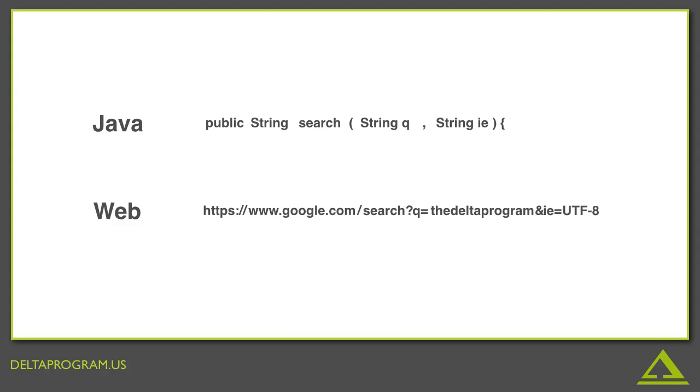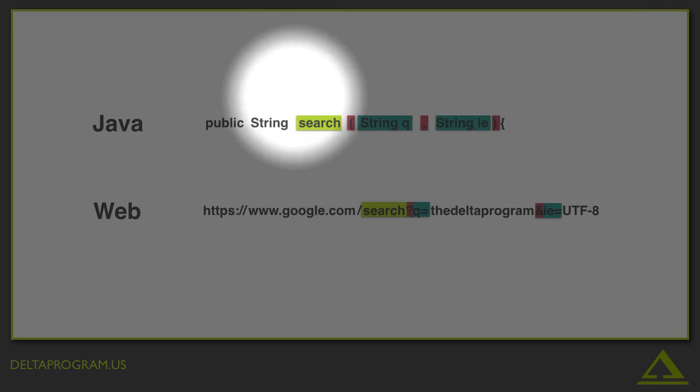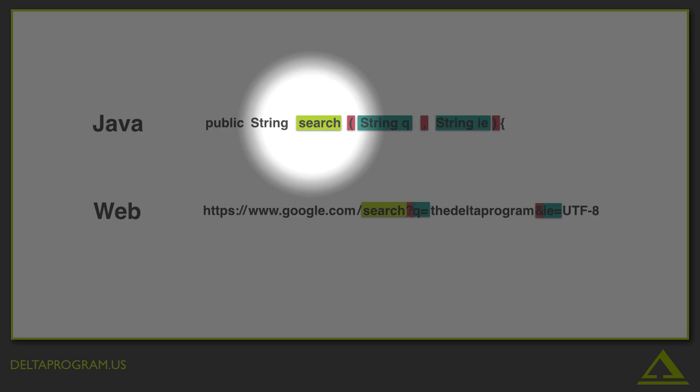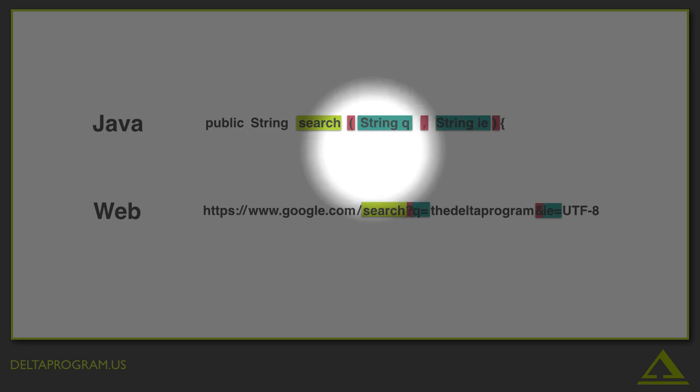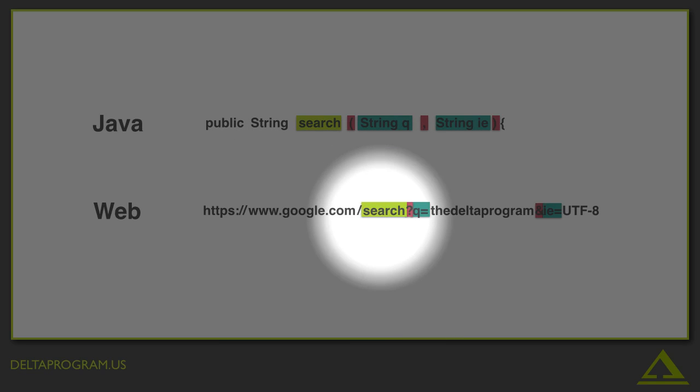Another metaphor that might help you as you're moving forward with these types of APIs that are available on the network and elsewhere on the web is to see the correlation between Java method signatures and web method signatures. You see, with Java, we have an actual name of a particular method, just like when we're on the web, we have particular names of URLs that we want to go to.